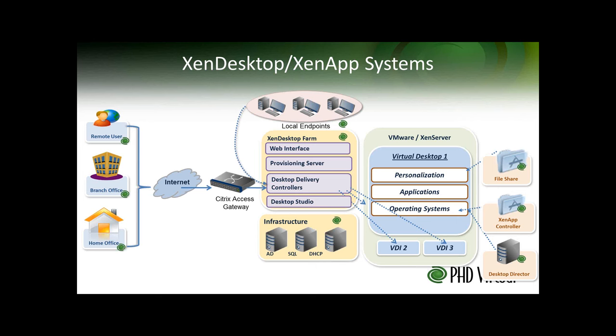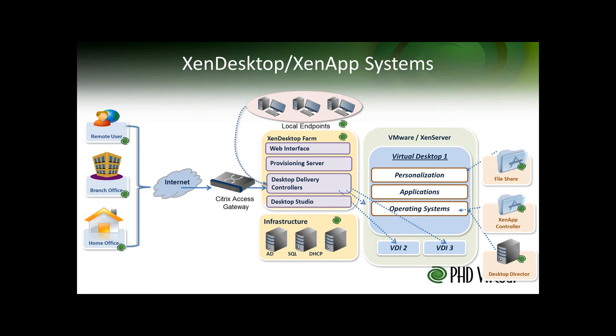And on top of that, you have your local endpoints, so your local users coming in from the LAN. Right? They may come in through a web interface or maybe through some type of client and access their desktops or applications. And with those areas, we can monitor with PHD Virtual Monitor. You see that by the actual PHD logo, which indicates that it can be monitored through the use of the solution.